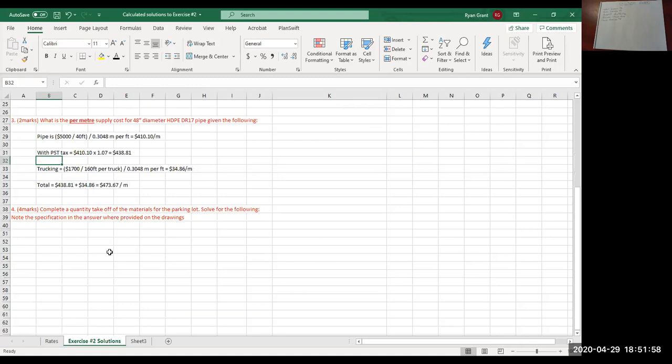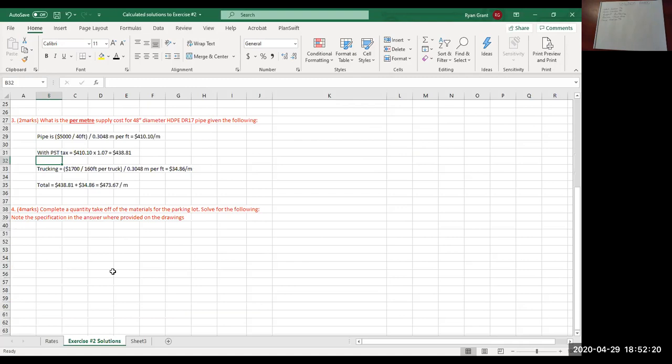So question 4, complete a quantity takeoff of the materials for the parking lot. Solve for the following. So you were given a table, and you were also given some information at the bottom of that table. So you were told the parking lot was 1,600 square meters.